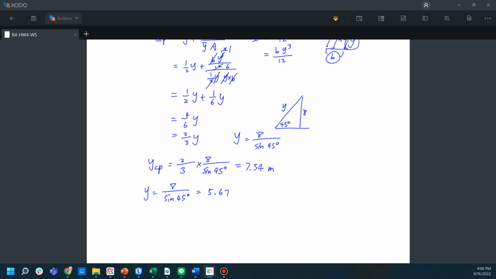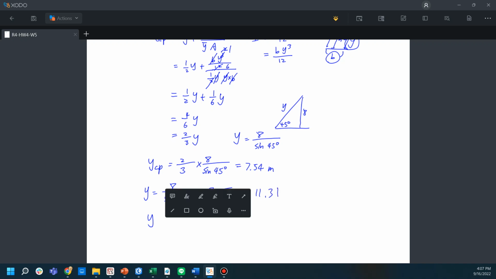Sorry, I made a mistake. Y is 8 times square root of 2. This gives us 11.31.